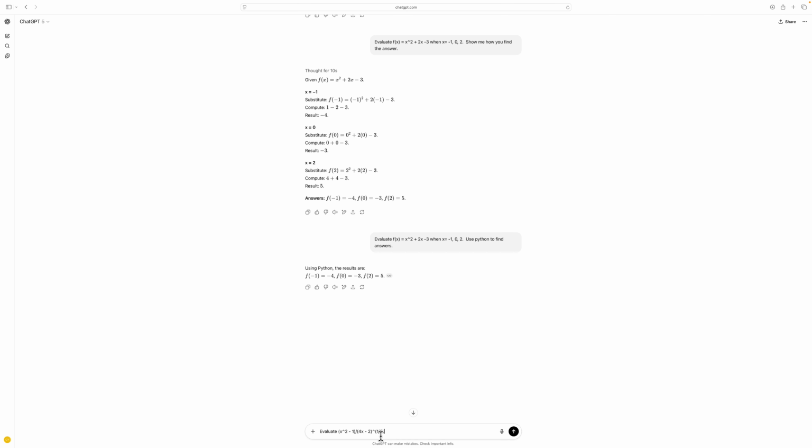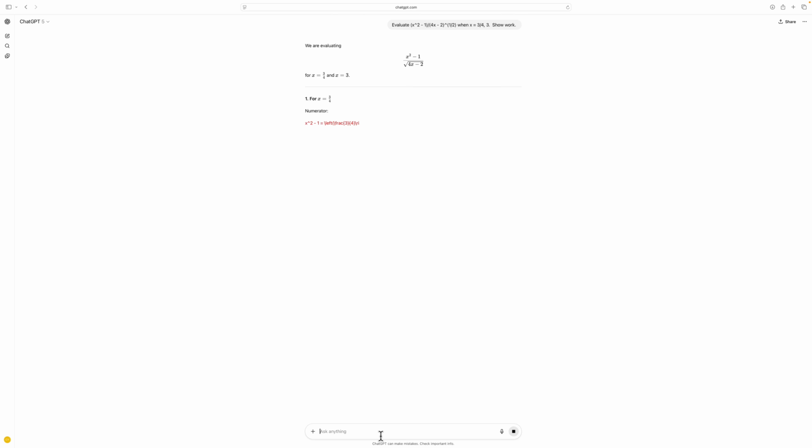So that's a square root right there. Parentheses to the power of 1/2. That's the square root. When, right, x, right, is equal to 3 over 4, comma, 3. Show work.